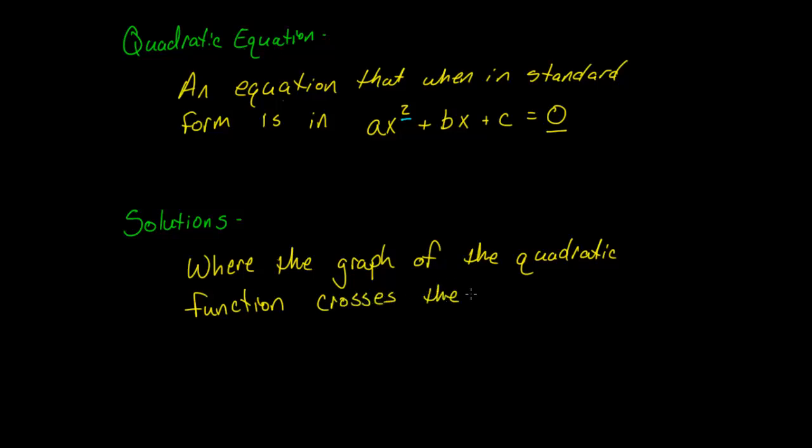Let's put this right here as a note, you can have 0, 1, or 2 solutions. And this is where we're going to have to check. This is why we check our work, to make sure that we have 2.